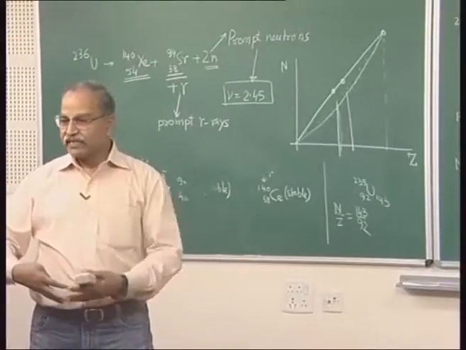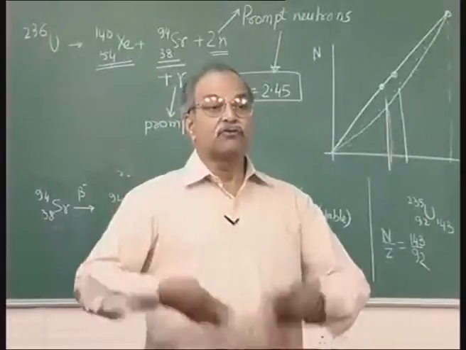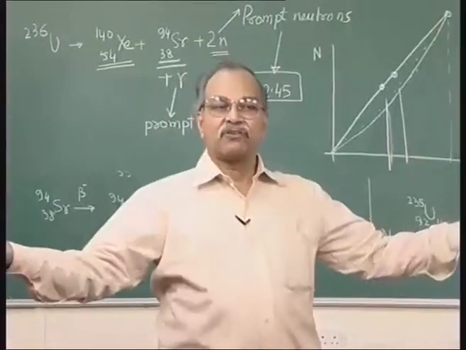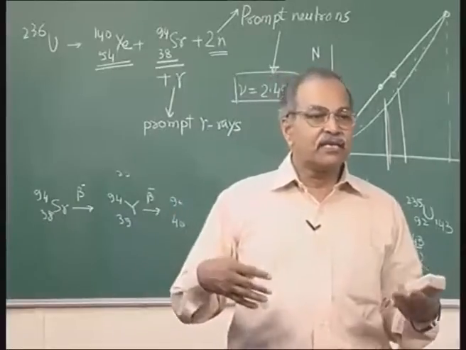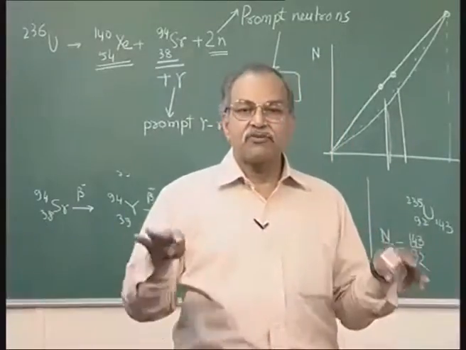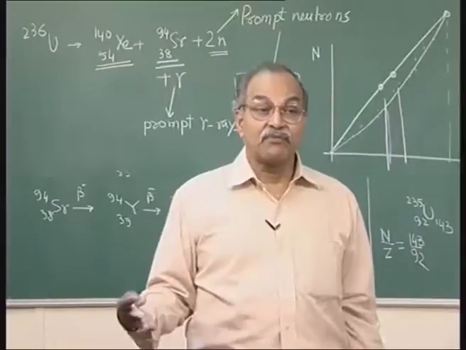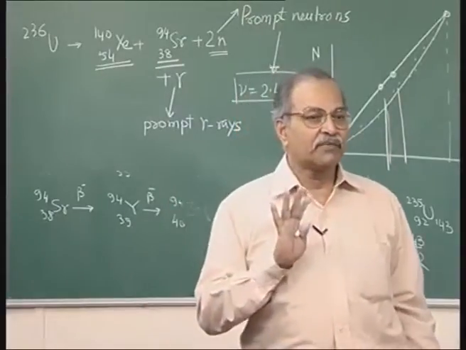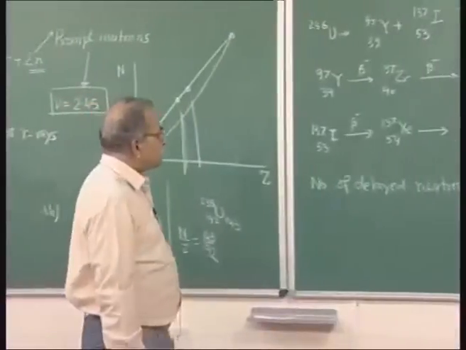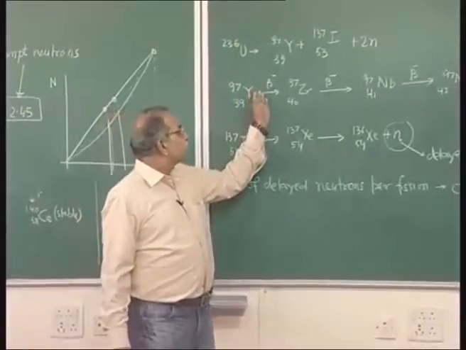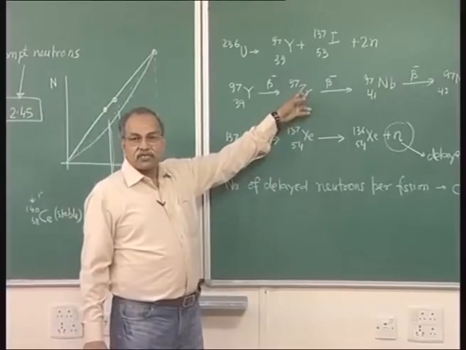The fission fragments are created, they are neutron rich, so they just give off a neutron, a prompt neutron. The fission fragments are at high energy, so they give off some gamma photons and try to lower their energy. That is prompt gamma rays, and this energy is prompt gamma energy. Then after beta decay, you create the daughter nucleus.